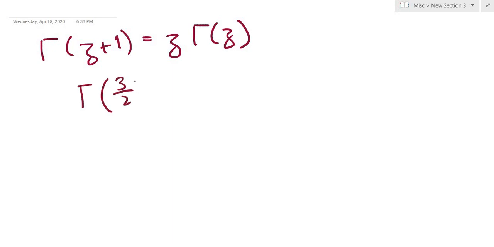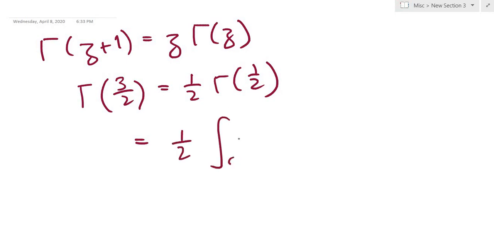So the gamma of 3 by 2 is nothing but half times the gamma of half. So we have a half like that, and let's plug this into the definition of the gamma function: e raised to minus y, y to the negative half dy.